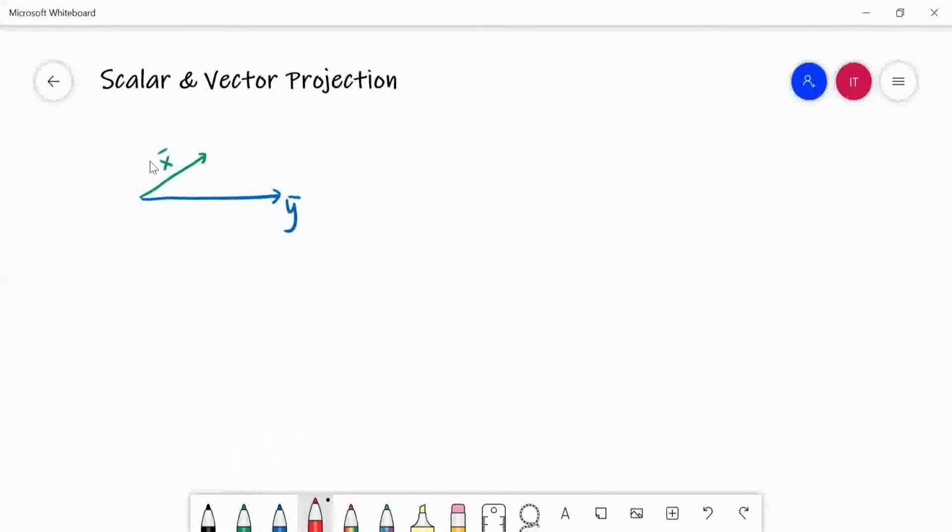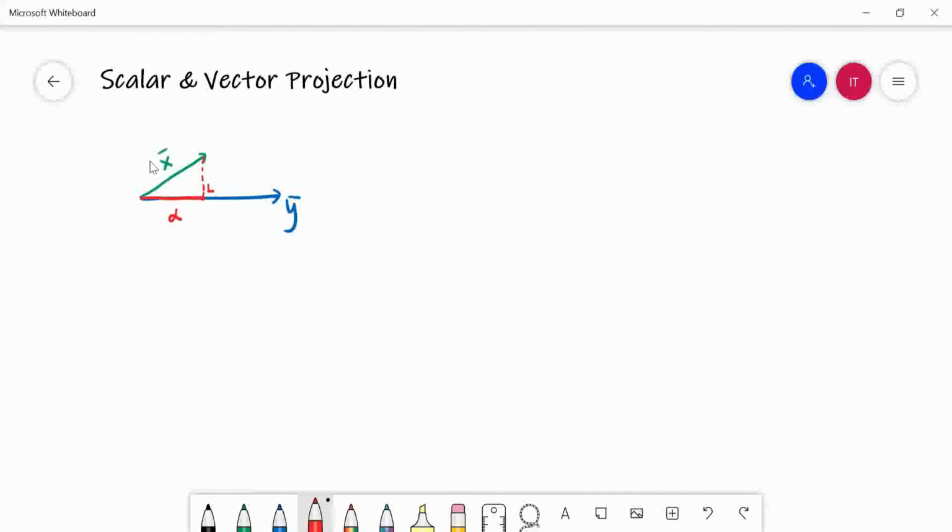And what we will do is to make a line that is orthogonal to y. And here is the scalar projection of x to y, which in this case we name it alpha.